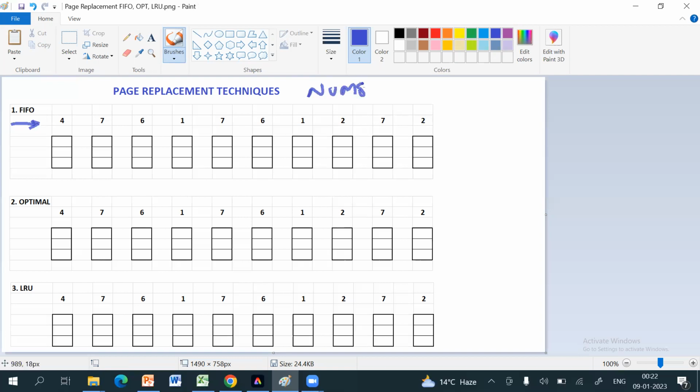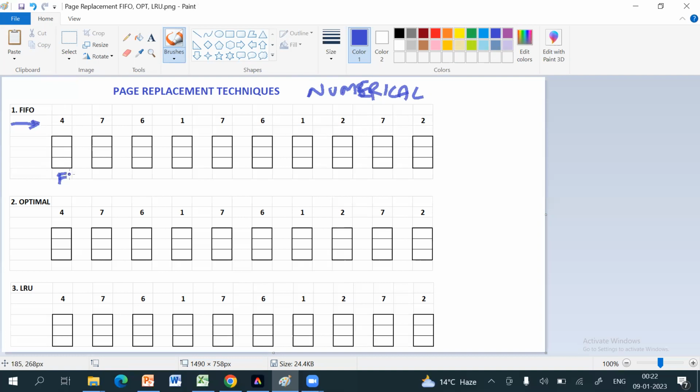Like I said, this is just a numerical for you to understand the concept. Because there are three frames, initially when I'm trying to look for a page called 4, obviously 4 is not found in any of these, so it will create a page fault.